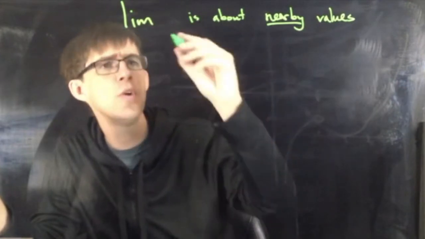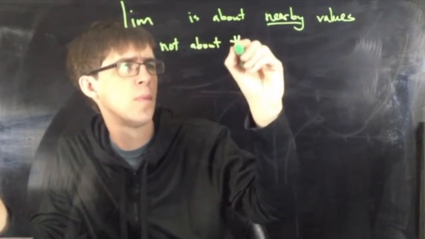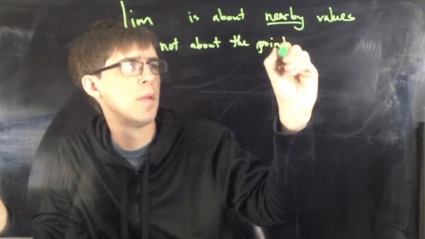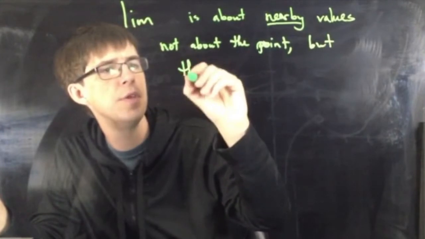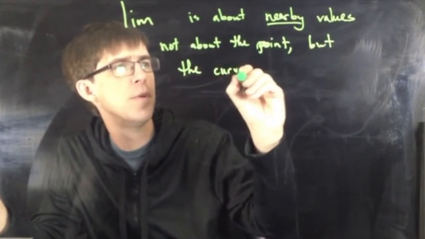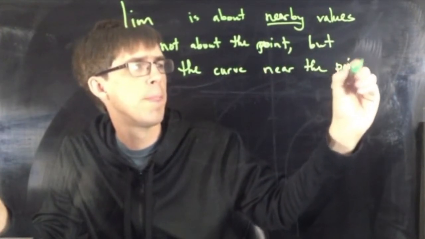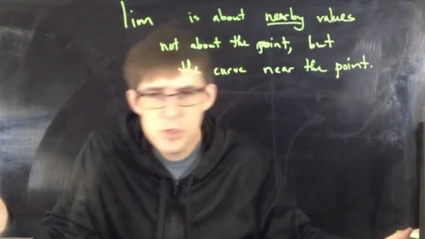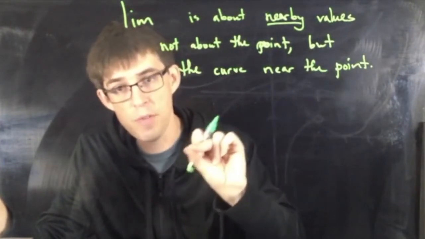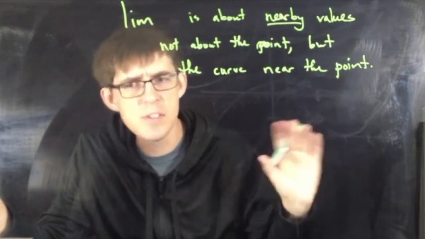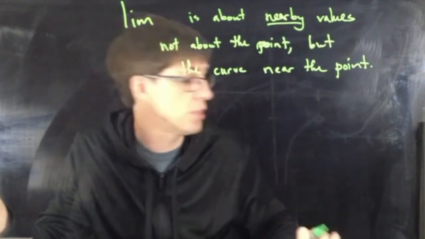As sort of a slogan, I would say it's not about the point, but it's about the curve near the point. All right? Usually those are the same, where the point is the same as where the curve is near the point. But in some weird cases, they are not the same, and the distinction is important.